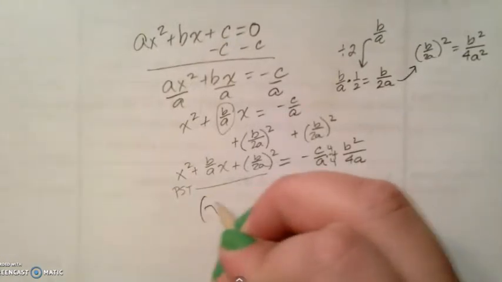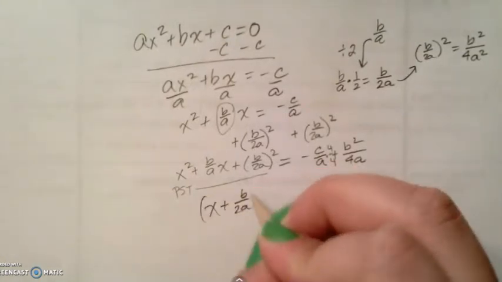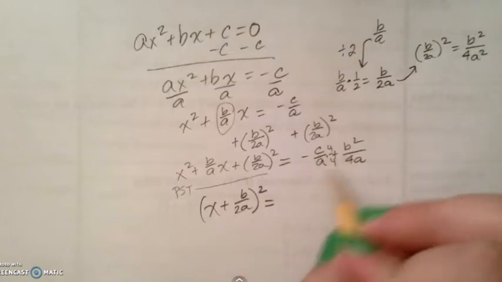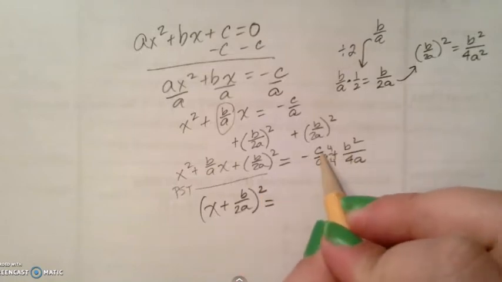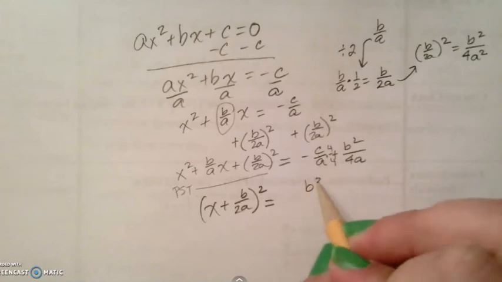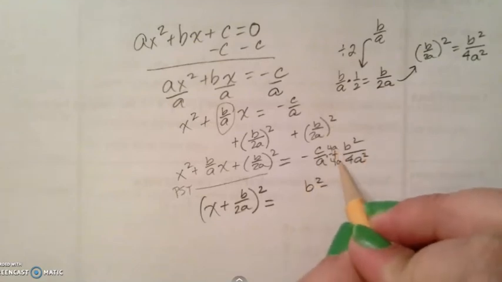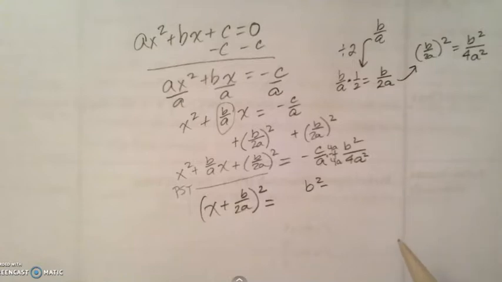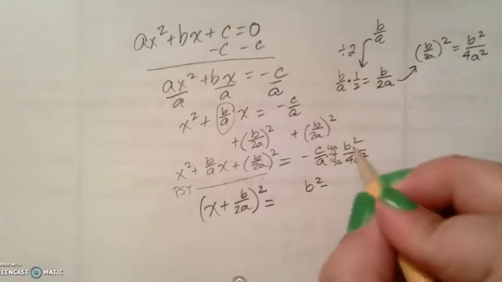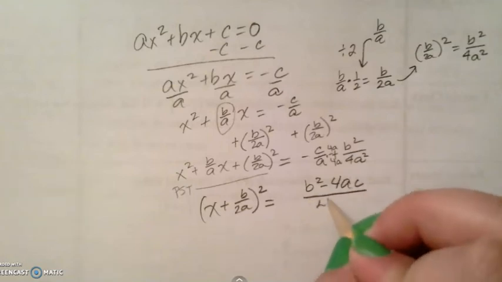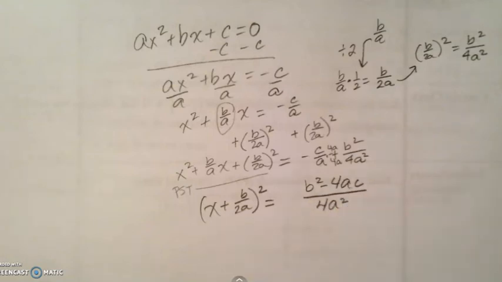So we have x plus b over 2a squared equals, now I have b squared minus 4c, this is squared actually, so we want another factor of a. This should start to look familiar soon. So b squared minus 4ac divided by 4a squared.